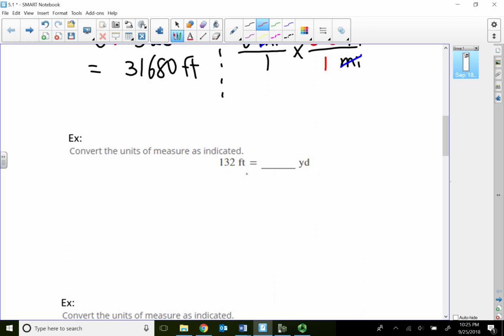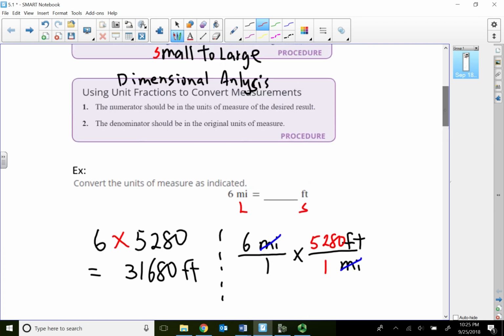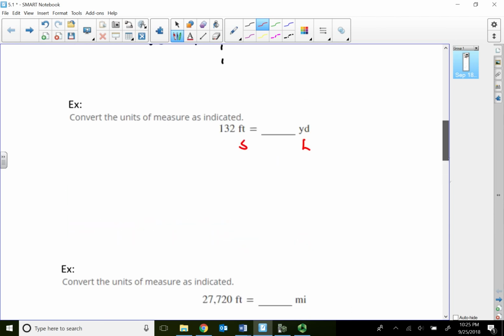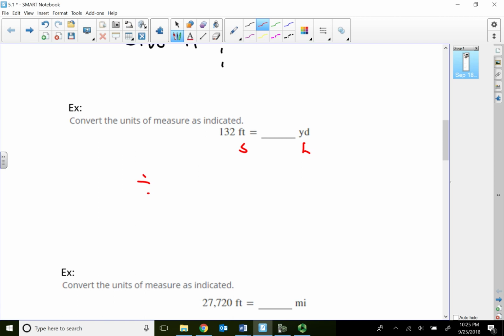Convert from feet to yard. Feet is small, yard is large. So small to large, we will divide, right? We'll divide. So I simply take my 132 feet divided by the conversion number between feet and yard.